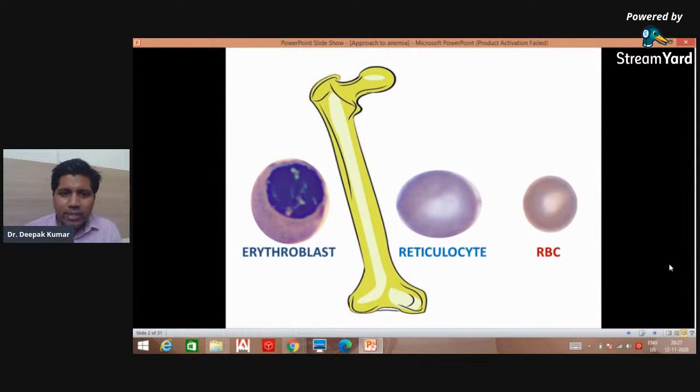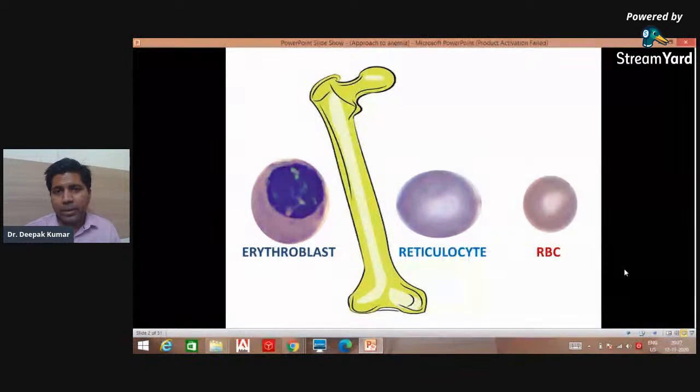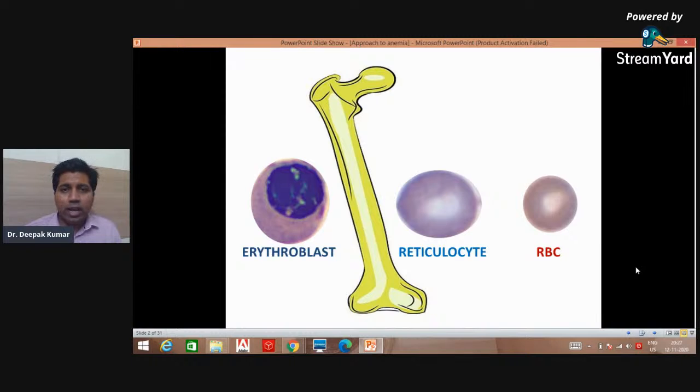A little bit of basics again. I have skipped a few things. If you go through the proper procedure of hematopoiesis, where a stem cell finally forms into a red blood cell, there are many steps in which an immature cell becomes a mature RBC. But I've taken the last part of the lineage, which is relevant to this discussion. What you see here is a bone marrow, a bone here, the femur, where adult hematopoiesis takes place.